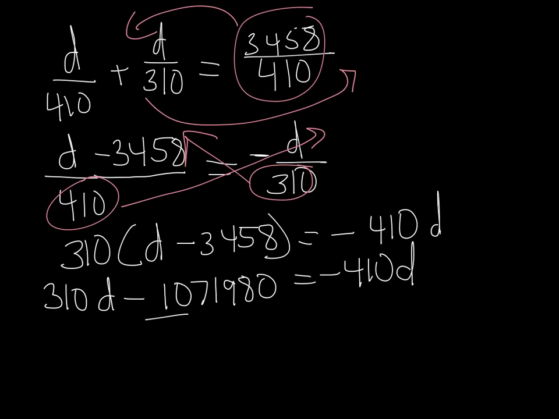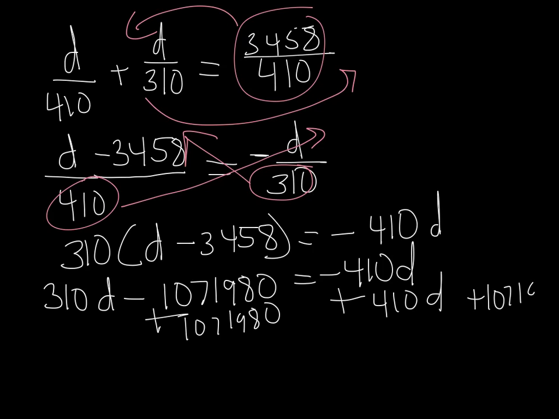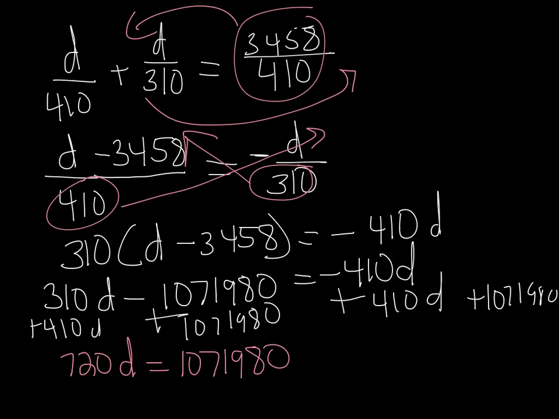We're going to move this over, so I'll add 410d to each side. Then what we are left with is 720d equals 1071980.